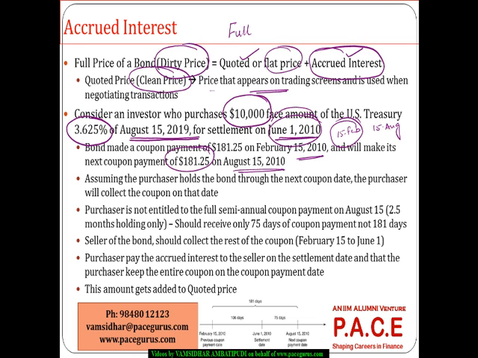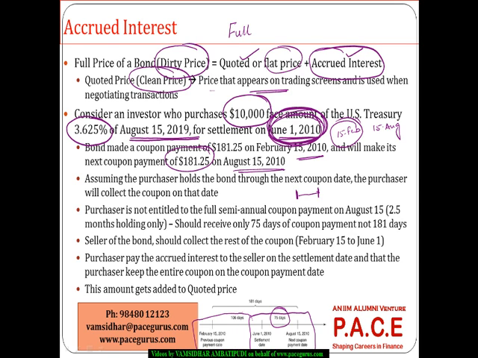But I want to purchase it on 1st June from someone. So logically speaking, I would be eligible for the coupon between June 1st and August 15th only, which is around 75 days.